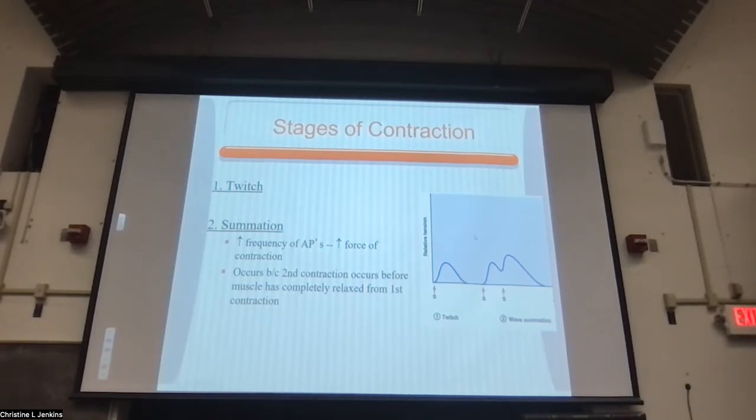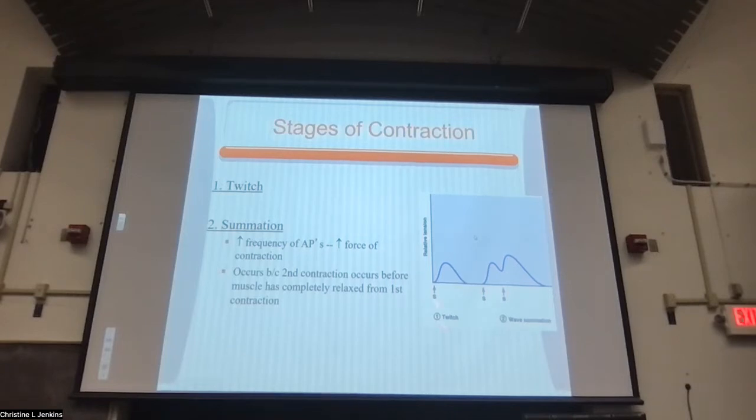If you look at this graph, this S means stimulus. What's the stimulus that goes into a muscle to tell it to contract? The nerve impulse, right? So this graph shows that if we send one stimulus or one nerve impulse, tension means the muscle's contracting.